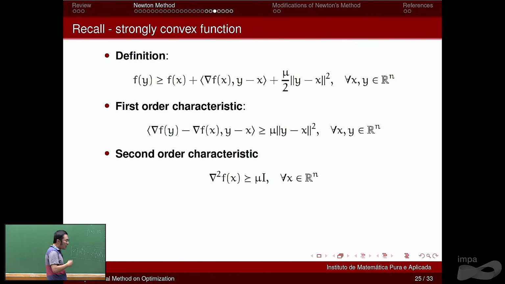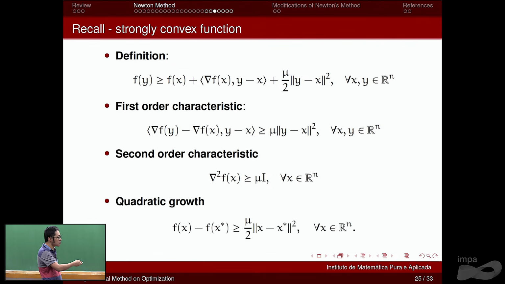And you will also have a second order characterization, which means your Hessian is lower bounded by a positive constant mu for any x. And we also have a conclusion around the solution x star: you will have a quadratic growth.